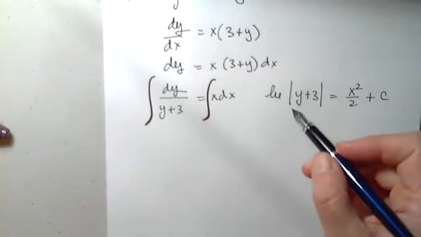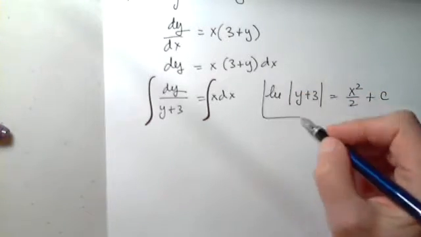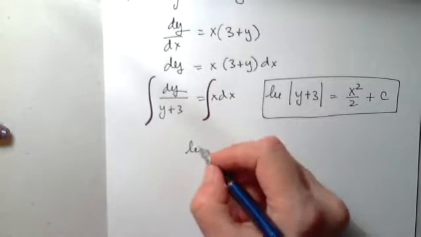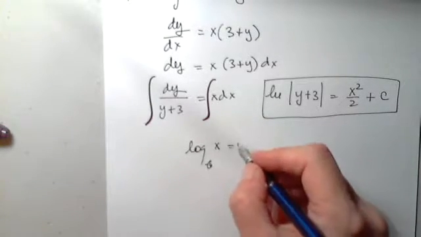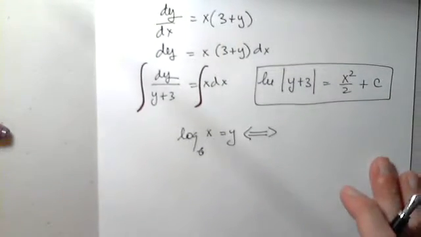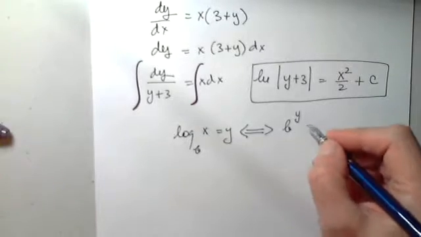Now, we know that this is a log equation. For example, log base b of x is y is equivalent to, from the previous chapter, from chapter 4, b raised to y equals x.